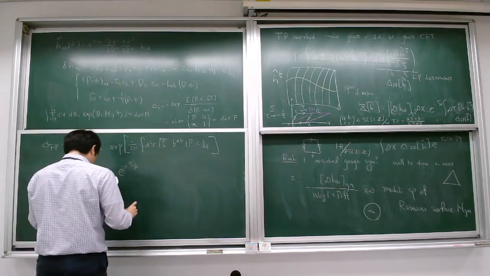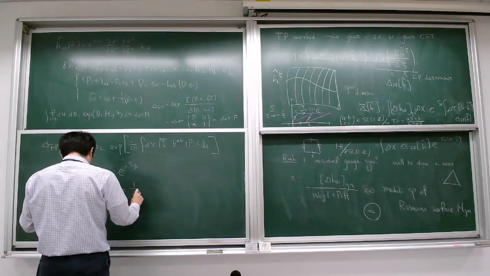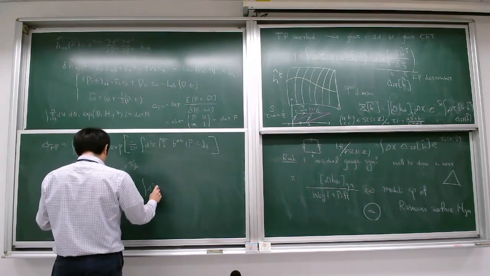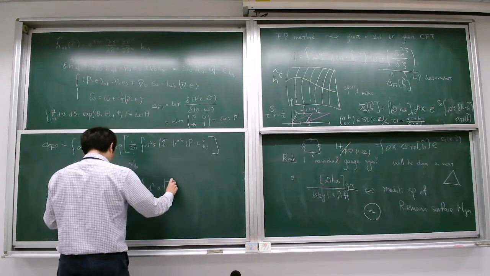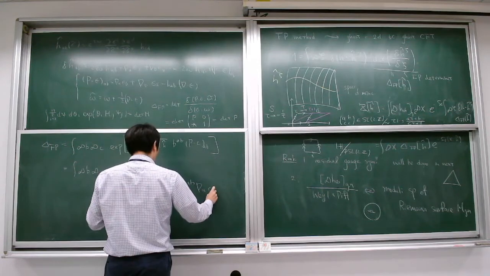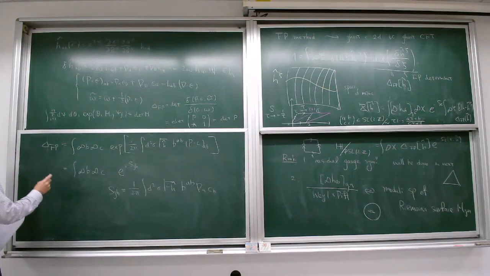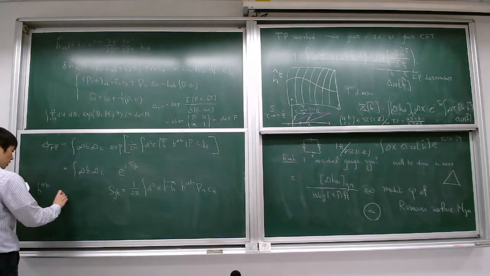And then S ghost is 1/2 pi integral of sqrt h, B^AB, delta C, P. Now B_AB is a Grassmann Fermi degree of freedom, but B_AB is symmetric traceless.